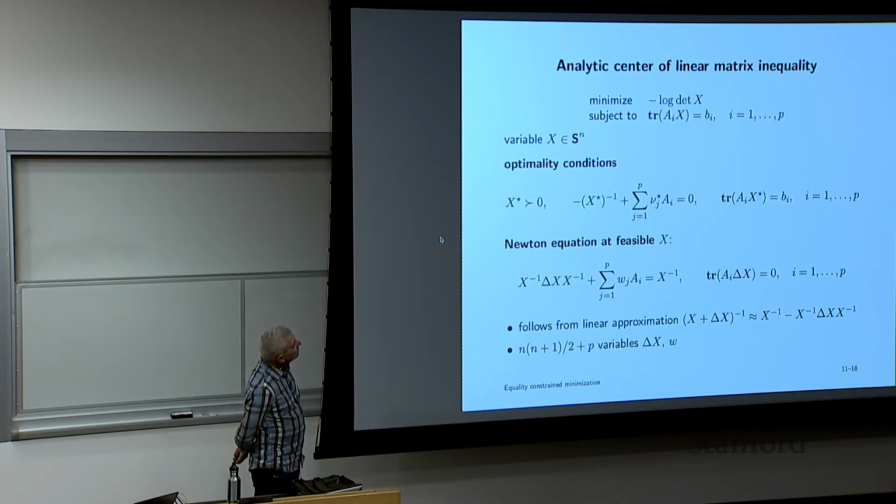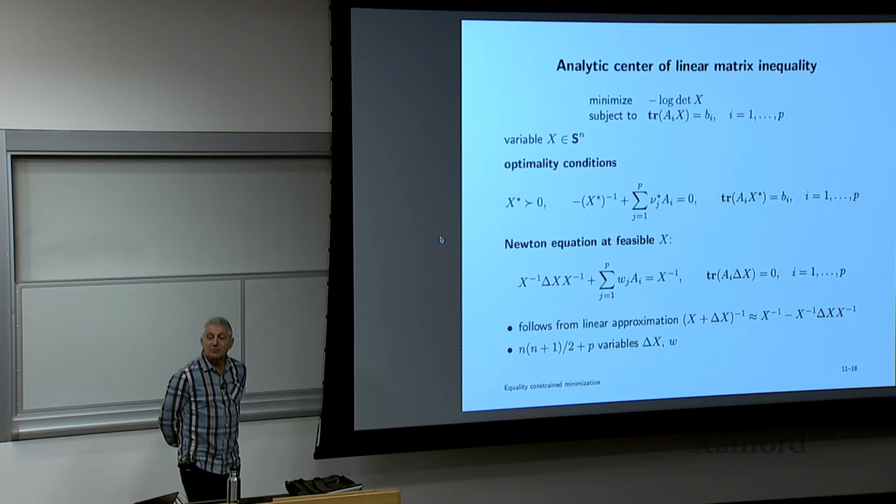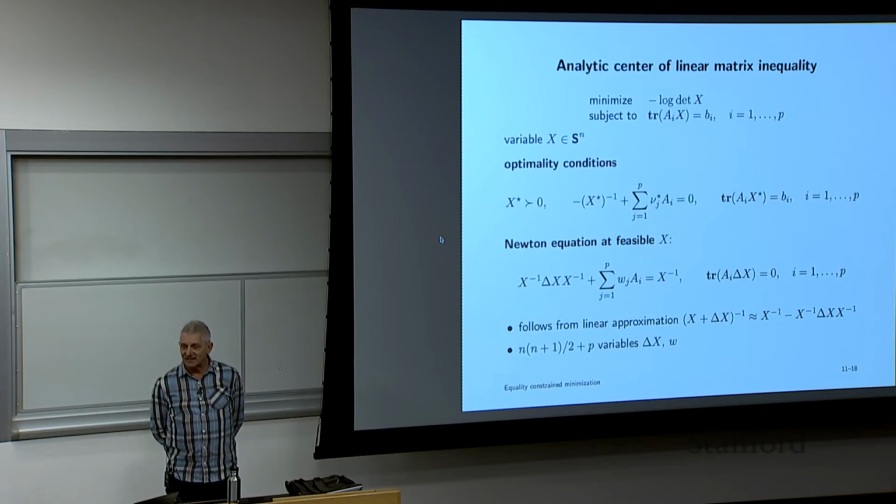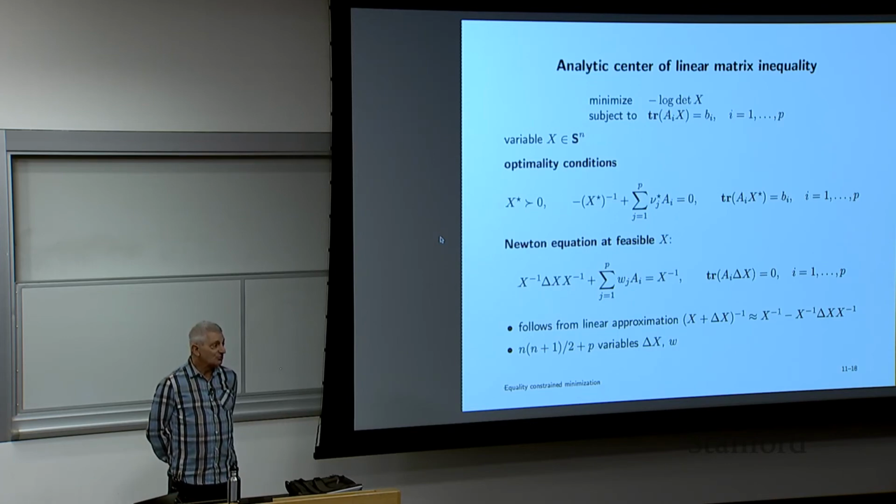So one option for this would be to string out all the entries of X. X is symmetric, so there would be n(n+1)/2 entries if I vectorized X, because that's the number of distinct elements in a symmetric matrix. So then I could compute the Hessian, which would be an n(n+1)/2 by n(n+1)/2 matrix.